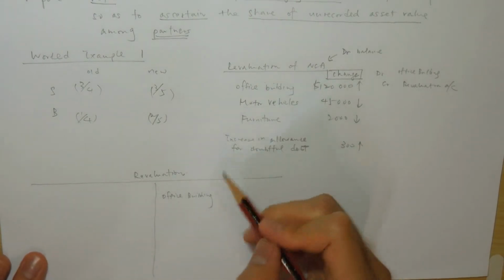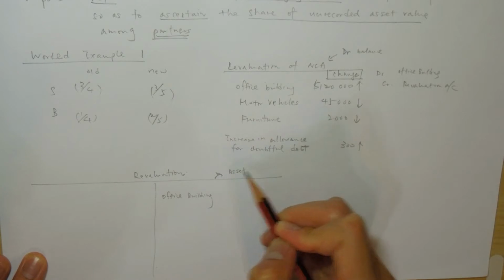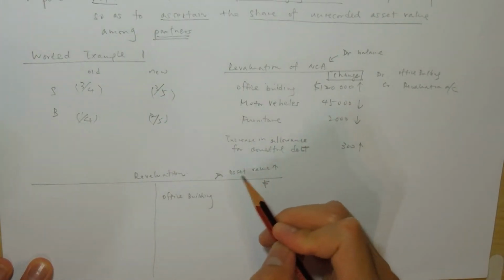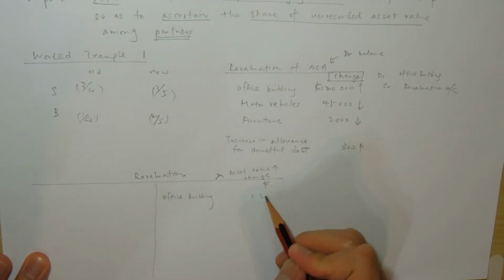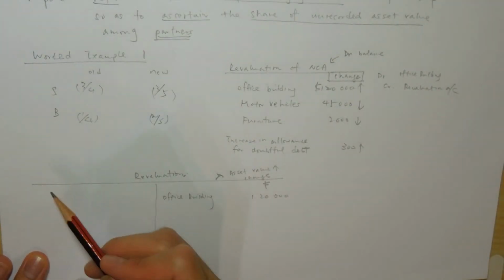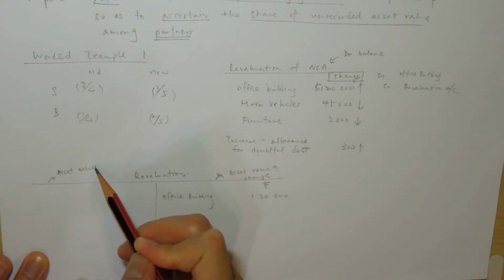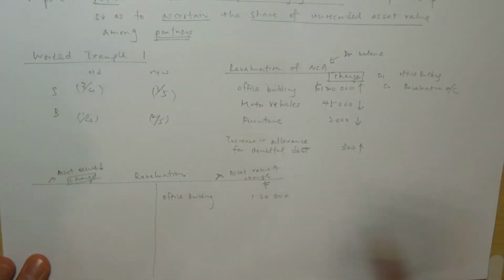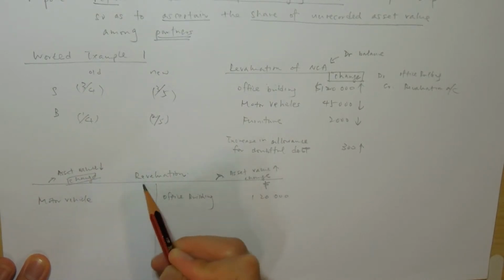So remember, this one represents asset value increase. Okay, of course it's the change. Remember, it's the change. So office building 120,000, and then for the motor vehicle, reverse. This one is asset value decrease. Of course, recognize the change. Okay, motor vehicles.